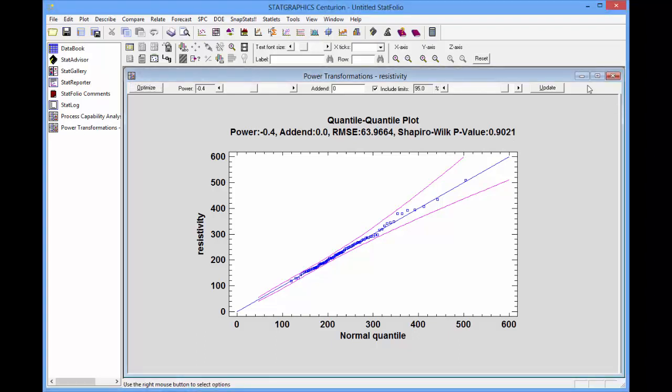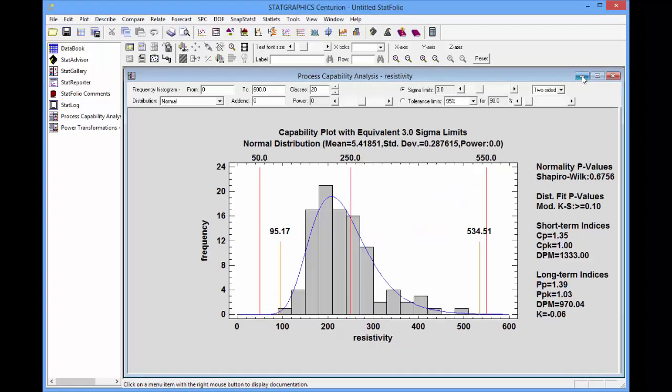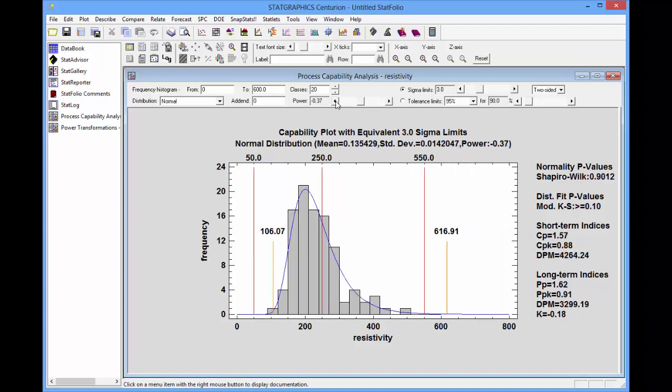I'm now going to minimize the Power Transformations window and go back to the Process Capability Analysis. I'll bring the power down to the optimal value of minus 0.4. You can see the very high p-value for the Shapiro-Wilk statistic.